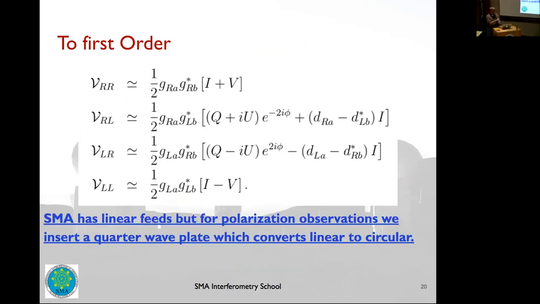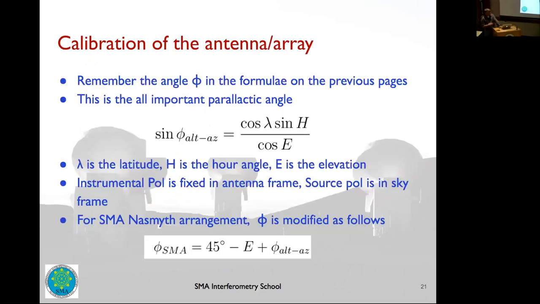Okay, so this is the equation that we have, and typically we have to solve for these instrumental terms. Remember this parallactic angle, and that's really important. The parallactic angle is given for an alt-az telescope, an alt-az mount, which we talked about. Remember antennas from, I think, yesterday?